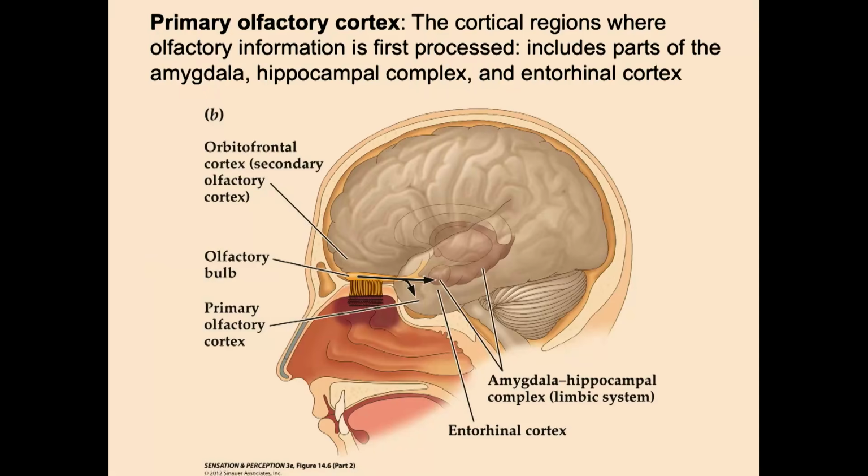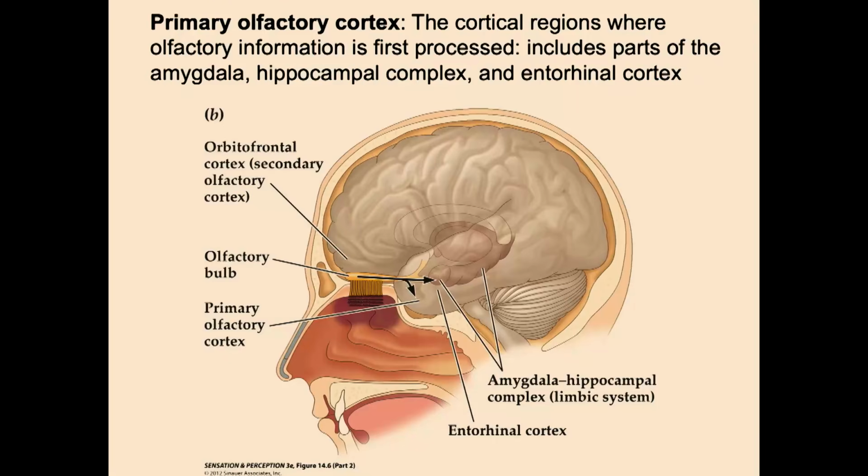Normally we think of primary sensory cortex as a distinct region. Primary sensory cortex is typically defined as the site of the first projections onto the cortex within that sensory system. So we have primary auditory cortex, primary visual cortex, primary somatosensory cortex, which we just talked about. Primary olfactory cortex is defined in the same way, but it's a little bit different in that it's much less of a unified region.